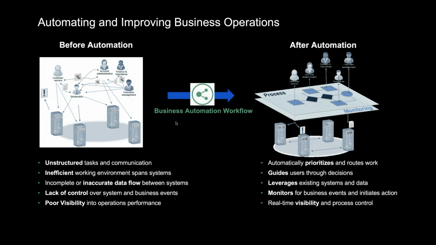So workflow, if you're not familiar with the workflow technology, is the former business process management combined with the case management features that IBM has been offering for years, but really taking this to the next level. And workflow is all about basically inserting a layer between the humans and the systems.